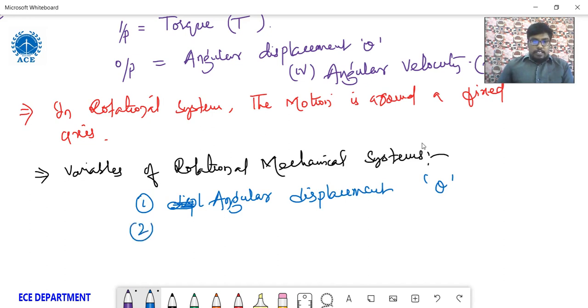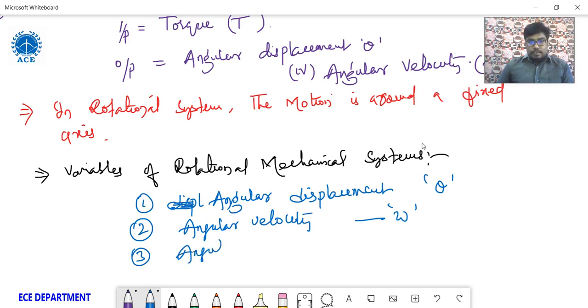The second one is angular velocity, which is represented with omega. And the third one is angular acceleration. You can name it either alpha, or I'm naming it directly A.